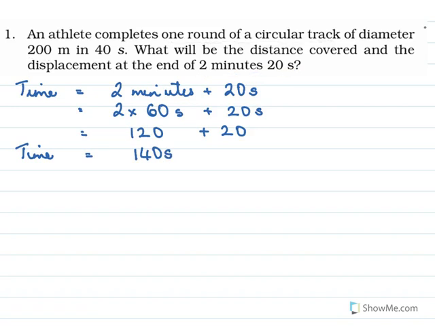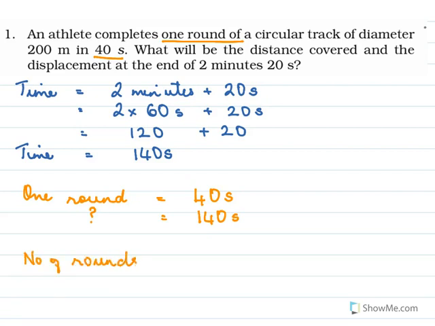In the next step, we must know how many rounds he has completed after 140 seconds. To complete one round, he takes 40 seconds. So one round equals 40 seconds. In 140 seconds, how many rounds is he going to take? The number of rounds in 140 seconds will be 140 over 40.